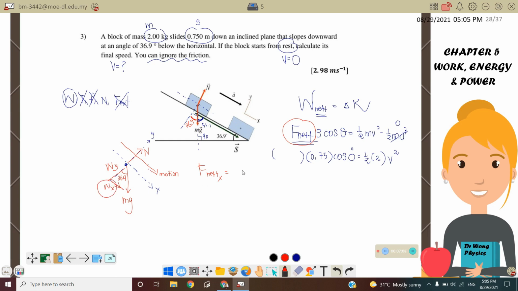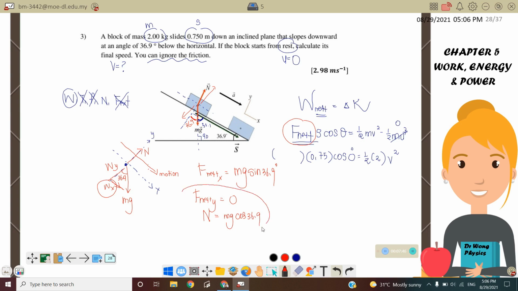So Wx, we write as mg sine 36.9 degrees. We only have one x component, only one force. F net for the y component we also have, but we know that in the end it is equal to 0, because this object is not going up or downward. So F net for the y component is equal to 0, or we can say the normal force is equal to mg cos 36.9.